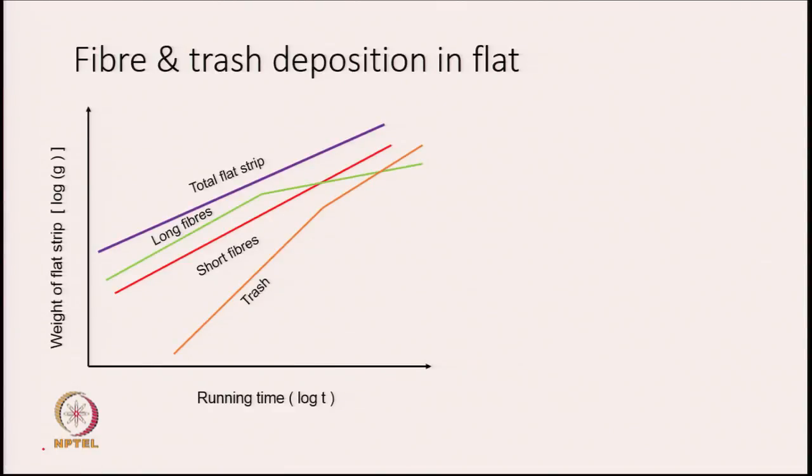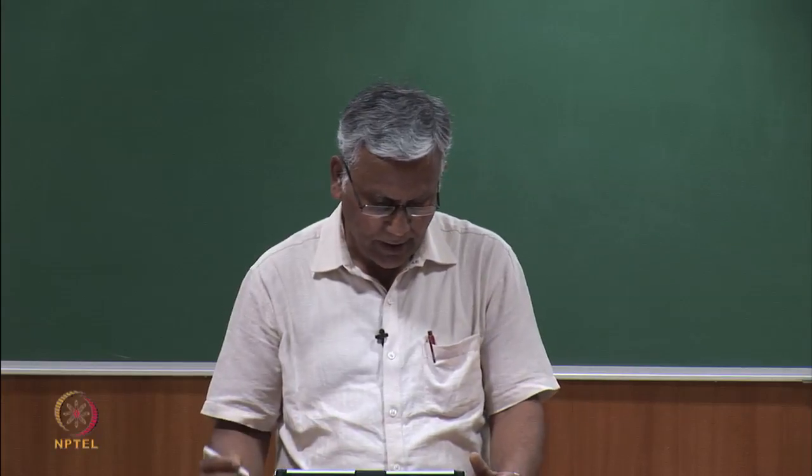This diagram gives us information about the type of fibers and trash deposition in a given flat. Here is a plot where on the x axis we have running time log t, and on the y axis we have weight of flat strips, and we also have a log value of the weight.